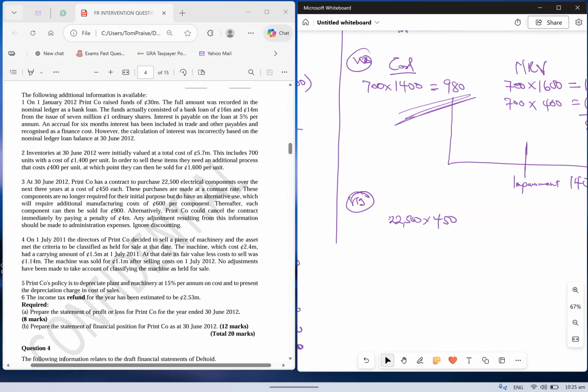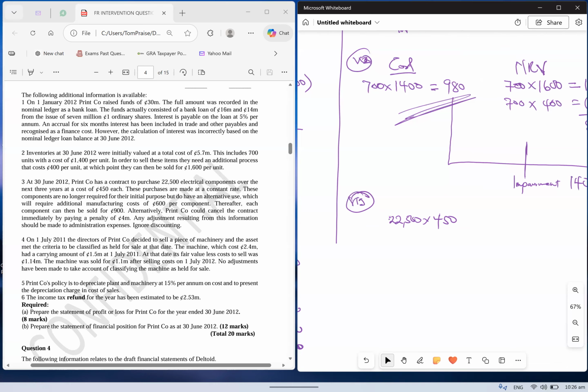All right. Then it says that the purchases are made at a constant rate. So it means looking at this, the purchases are going to start next year because this contract is done at the last day of our year. These components are no longer required for their initial purpose. Even if we buy, we are buying waste. So, which will require an additional manufacturing cost of 600 per component.